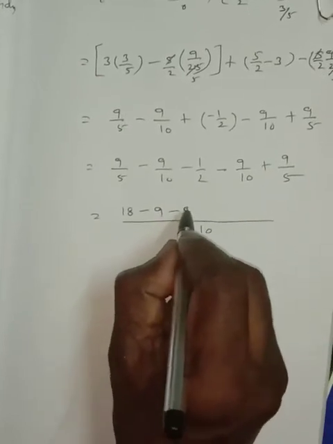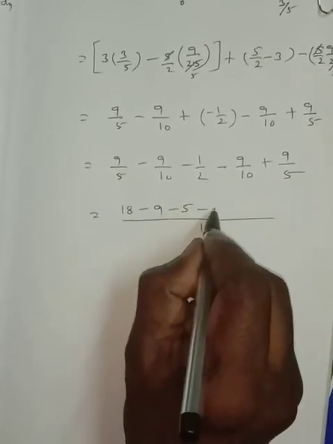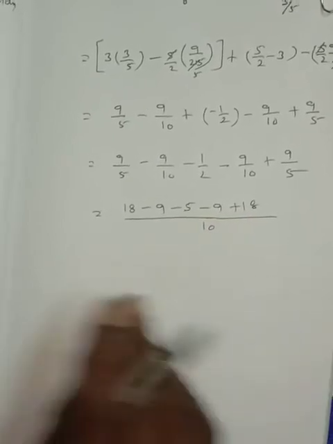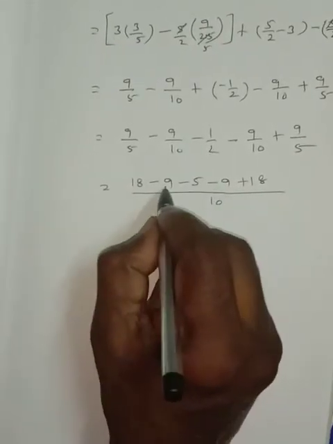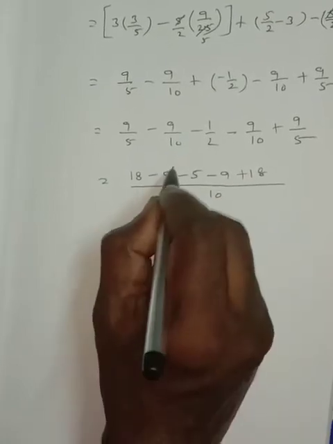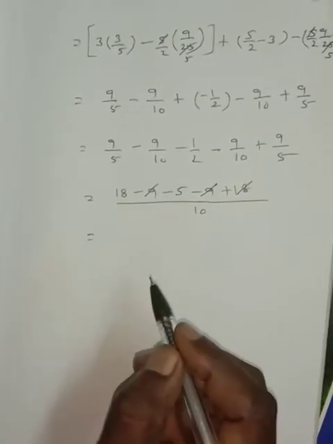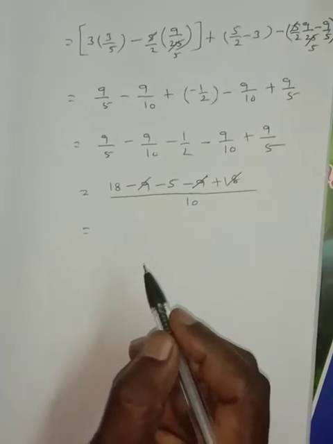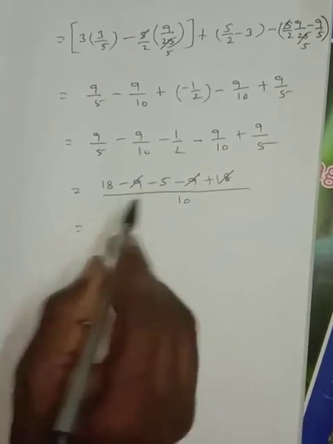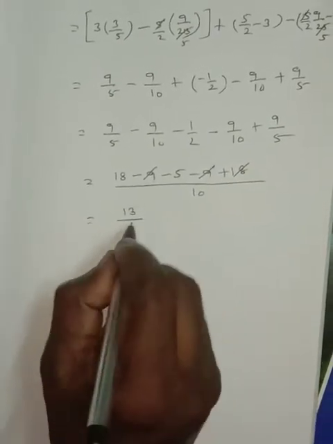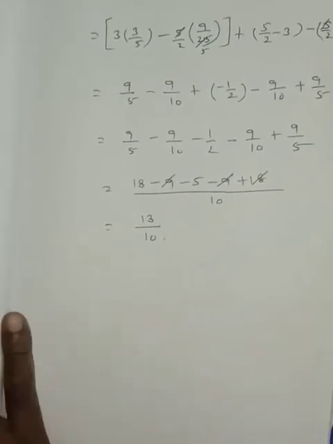minus 5, minus 9 plus 18, minus 9 minus 9, minus 18 plus 18 cancel, is equal to 18 minus 5 is 13 divided by 10 is the answer.